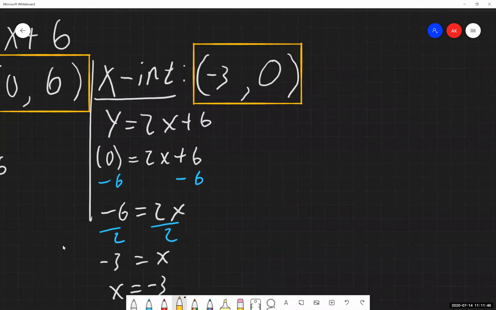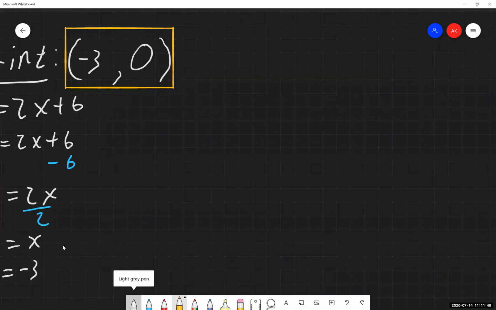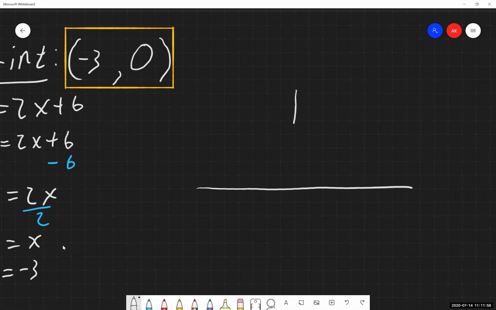Now again, when we are setting up and creating a graph, we have all those requirements that we need to make sure we have met. So I'm setting up my graph.